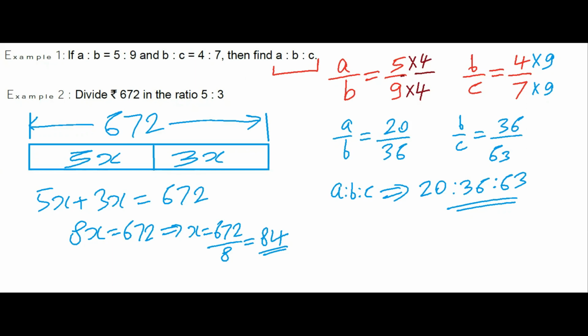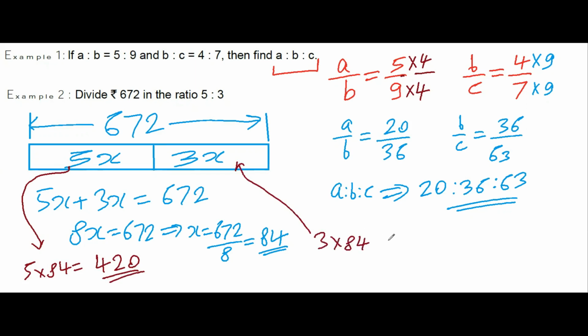Now the first division will be 5 into 84, that comes out to be 420. And the second part will be 3 into 84, that comes out to be 252. So this is how I have divided 672 into 2 parts that are in the ratio 5 is to 3. Got it?